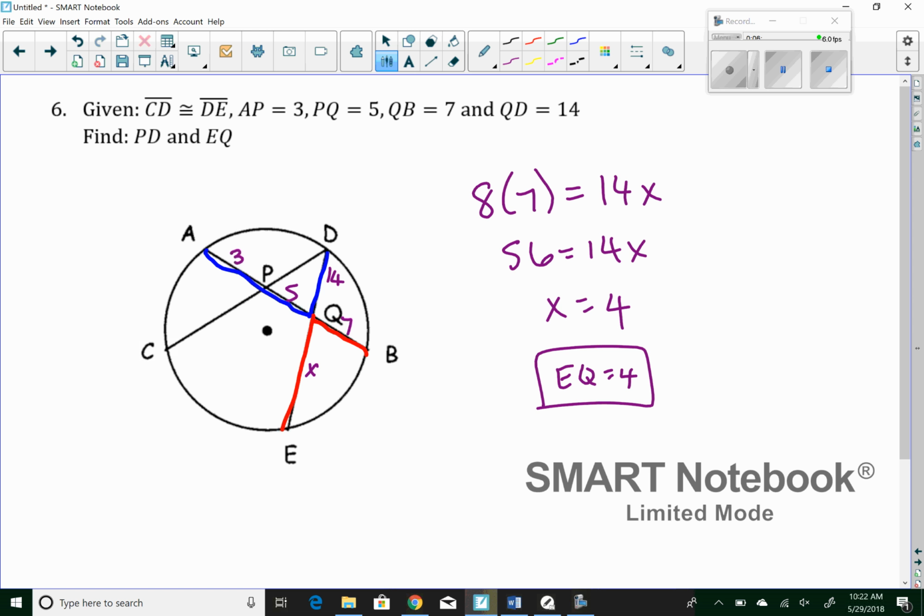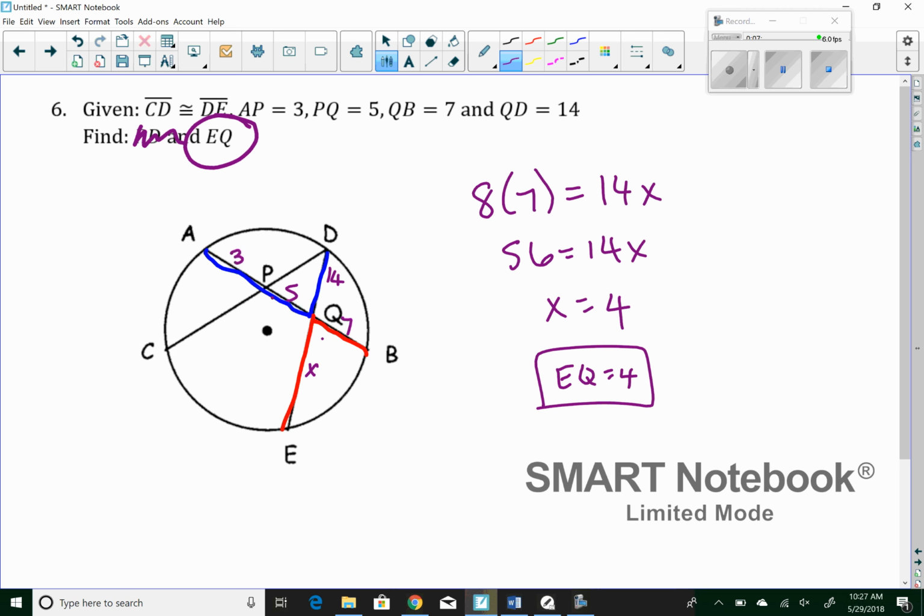If AB was a chord that was tilted in a different way, I could make the argument that that segment is longer. So there's got to be another way of finding PD. At this point, we don't have enough info to actually find PD, so we'll just find EQ for today. That's good enough. We'll talk more about this one maybe tomorrow.